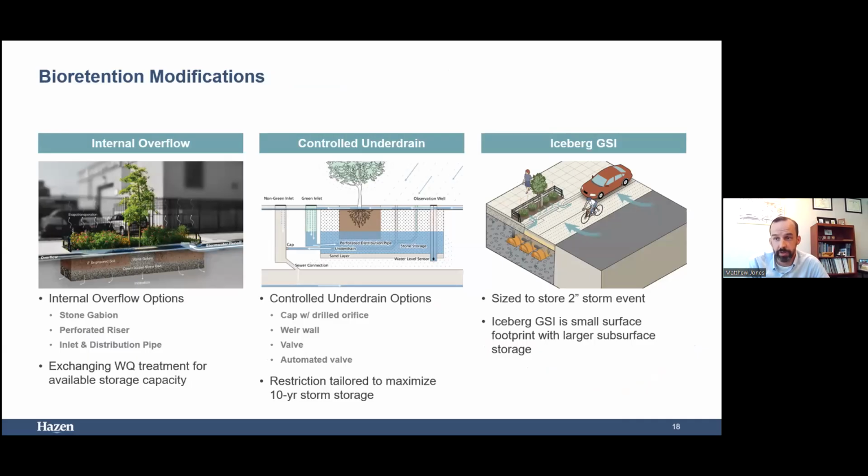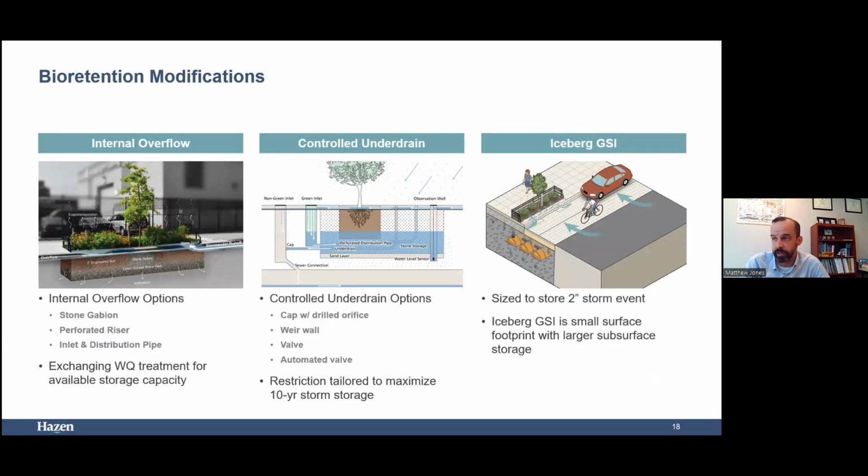This could be a stone gabion, as shown in the graphic here, that allows a perforated riser or an inlet distribution pipe, something that allows water, once it starts to pond up on the surface, to more quickly get down into that stone reservoir at the bottom. And notably, this is exchanging, as with some of these practices, some water quality treatment to increase your storage capacity. We looked at a controlled underdrain option.